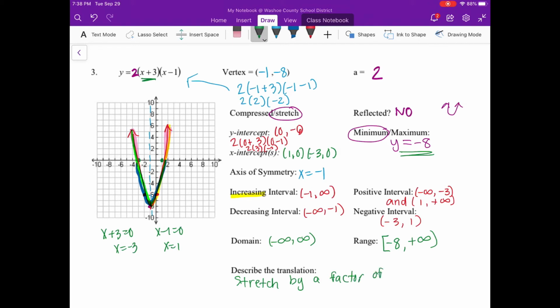And I got this number factor of 2 based on the a value. This graph also translated left 1 and down 8.